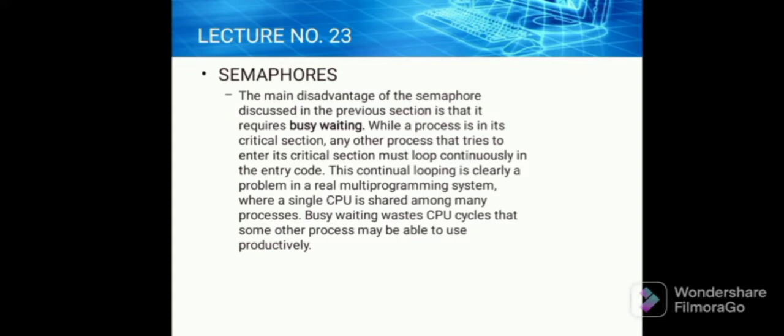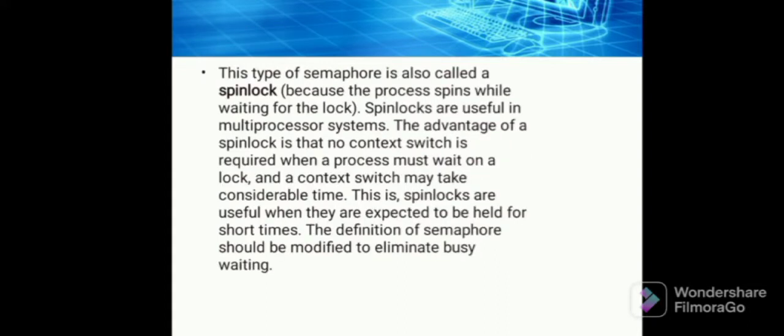This continual looping is clearly a problem in a real multiprogramming system, where a single CPU is shared among many processes. Busy waiting wastes CPU cycles that some other process may be able to use productively. This type of semaphore is called a spin lock, because the process spins while waiting for the lock.